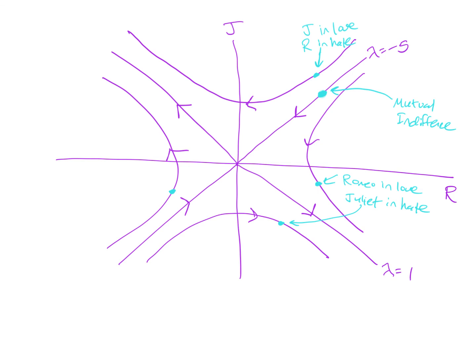So in almost all initial conditions, they have a tragic love affair where one person falls in love and the other one falls in hate, and we have unrequited love. I don't know how to spell that word. Unrequited love. There is one initial condition where there's mutual indifference.